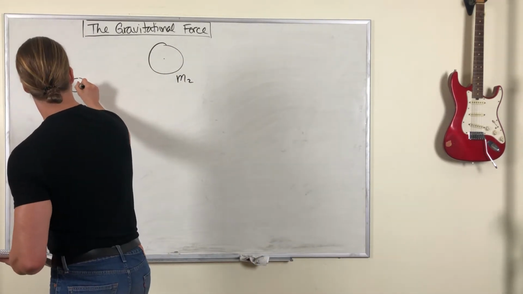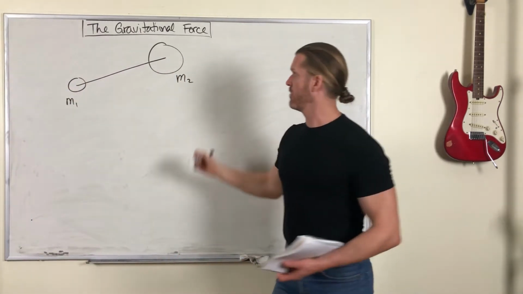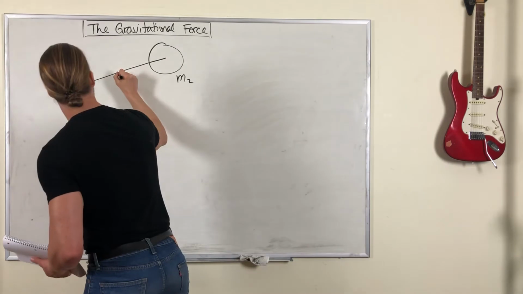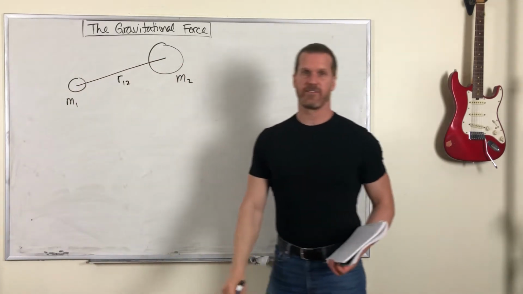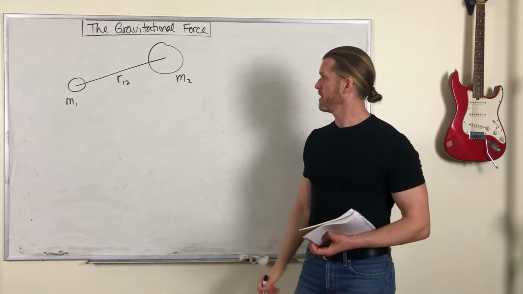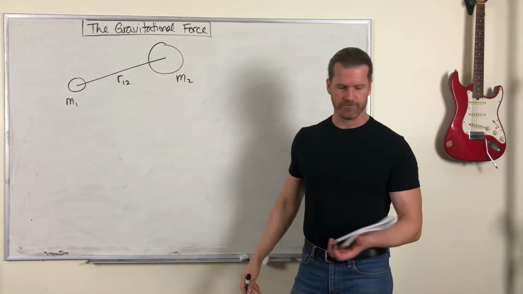Let's draw a line connecting the center of those two objects and say that this has a length r, r1,2, because it goes between objects 1 and 2.